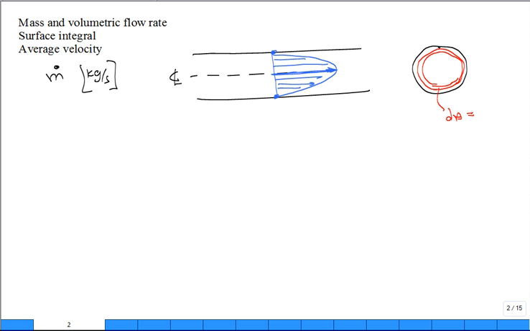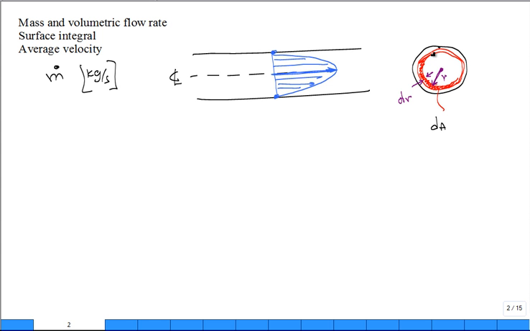This is the radius r coming out. So that's lowercase r. And the thickness is dr of that band, dr. So what is the area of that band? Do you see what I'm asking? It's this area.